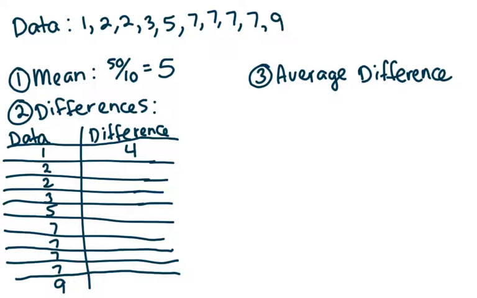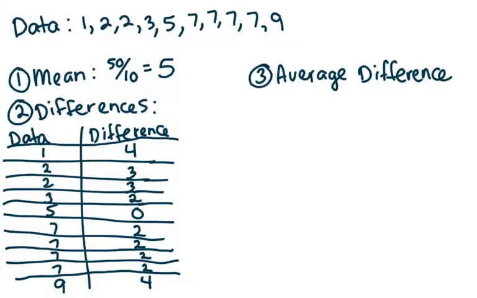The difference of 5 and 2 is 3. And then 3 again. The difference of 5 and 3 is 2. Make sure you're keeping these differences positive. The difference between 5 and 5 is 0. It's perfectly okay to have a data value that's equal to the mean. Its difference will be 0. These differences are 2. And this difference is 4.